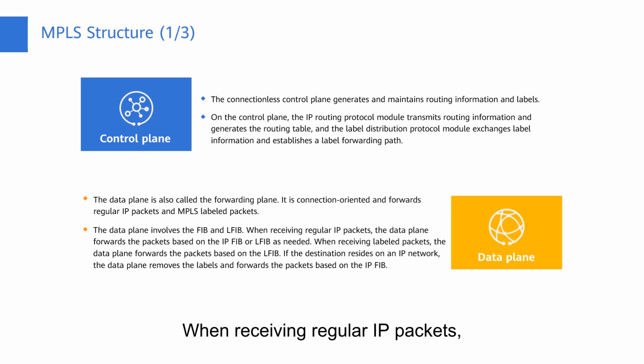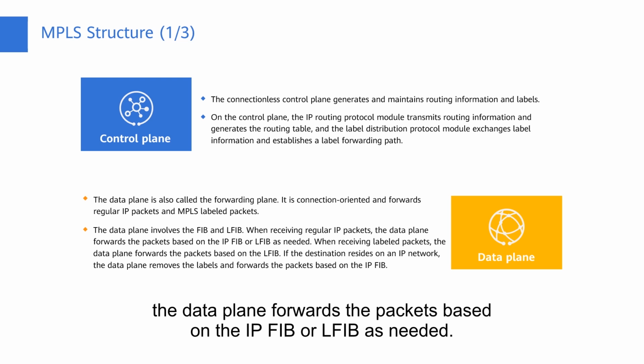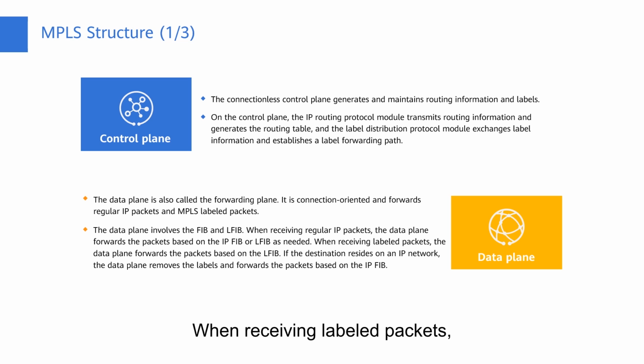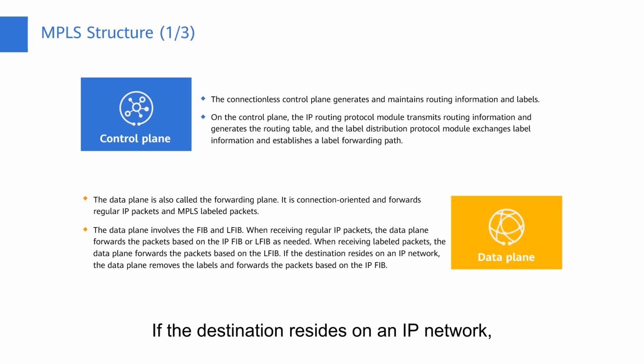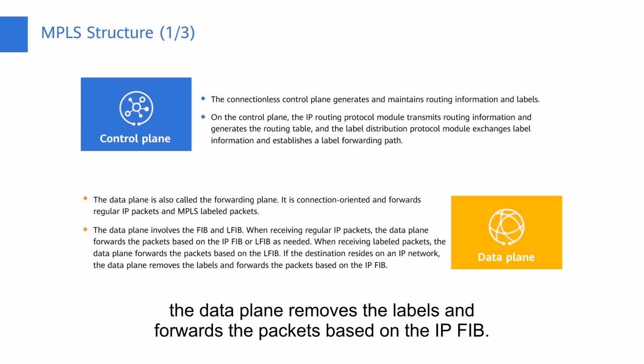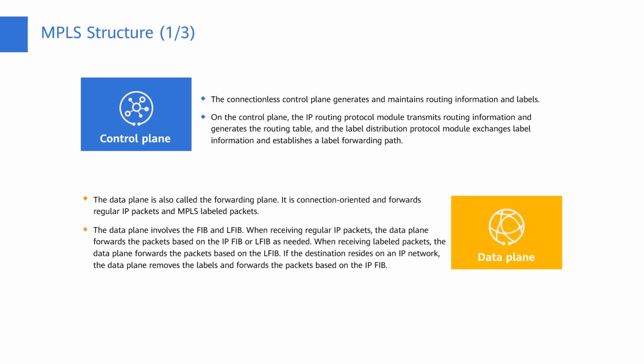When receiving regular IP packets, the data plane forwards the packets based on the IP FIB or LFIB as needed. When receiving labeled packets, the data plane forwards the packets based on the LFIB. If the destination resides on an IP network, the data plane removes these labels and forwards the packets based on the IP FIB.